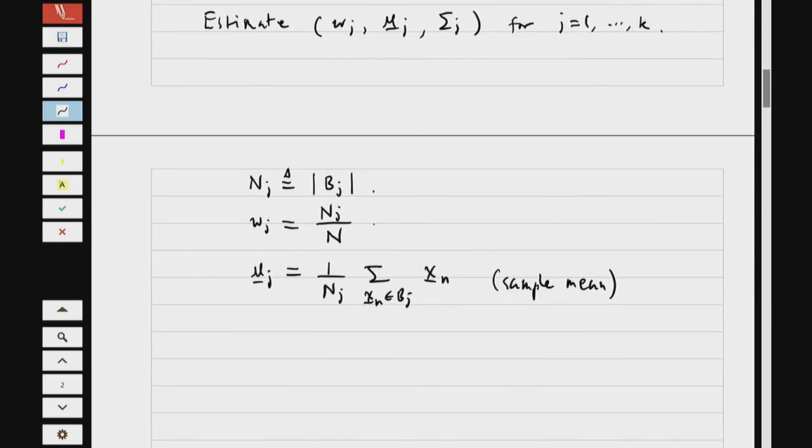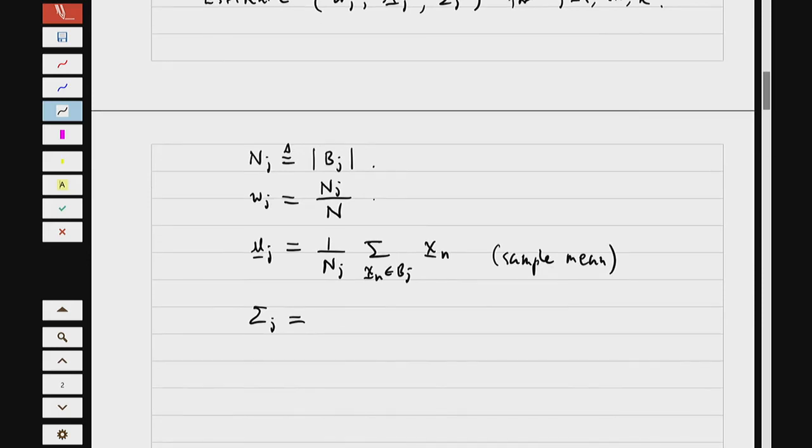What is the intuitive way to estimate these parameters? How about this covariance matrix? Again, same idea. You just take the sample covariance. Sample covariance will be 1 over m j, summing over all points inside this particular bump, of x n minus mu j multiplying x n minus mu j transpose.